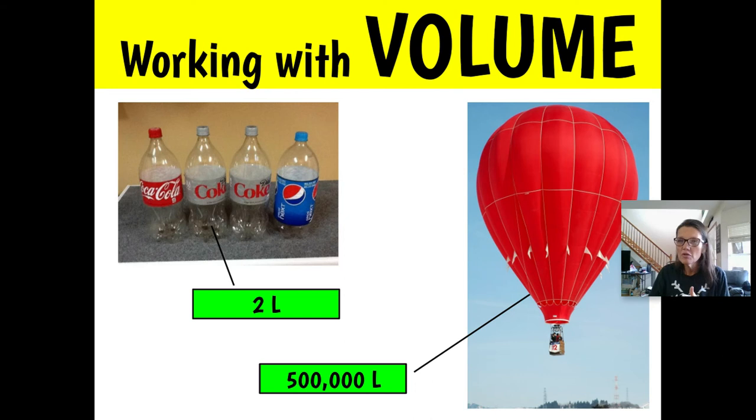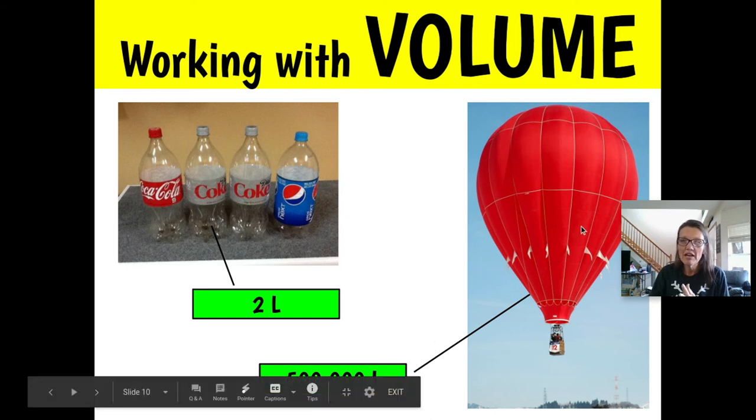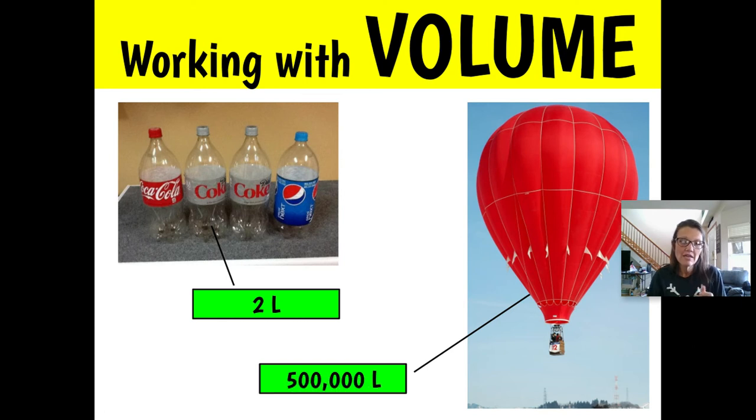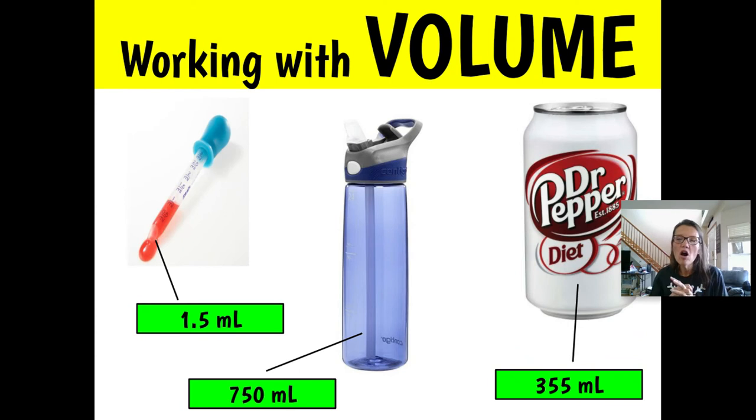So like here's a 2-liter bottle of pop, or this hot air balloon holds 500,000 liters of gas. Okay. If we're talking about something very small, then we would use the milli prefix, which would talk about 1,000th of a liter, right? 1/1000th of a liter. So for example, like little babies take 1.5 milliliters of medicine.